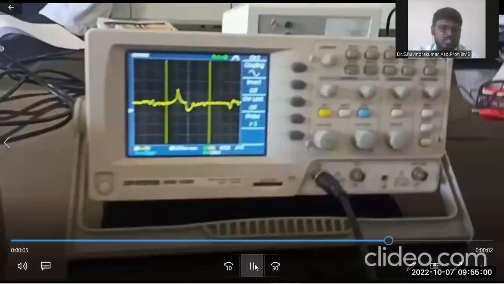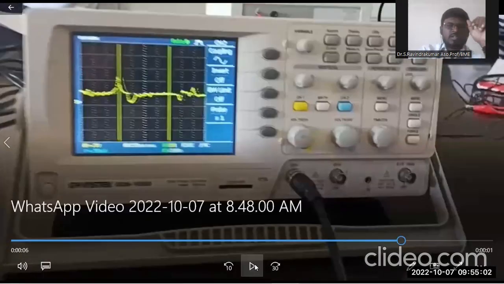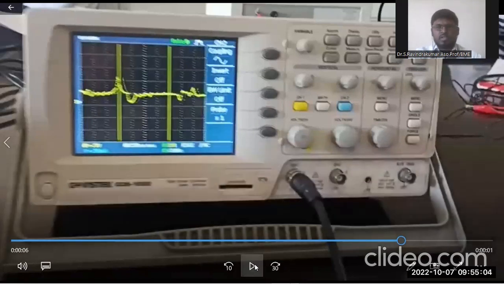And the EOG has been recorded. You can see that by using a USB you can store the data from the digital oscilloscope. The peaks in the graph represent the blinking of the eye.